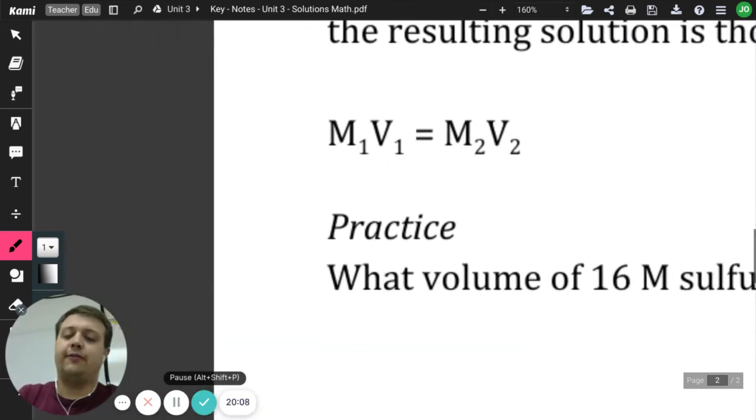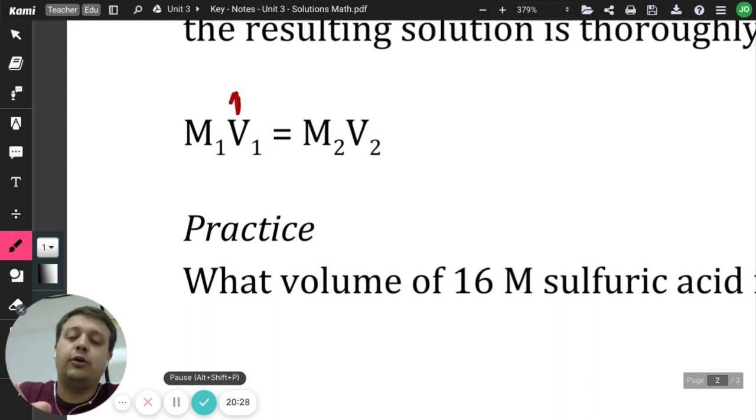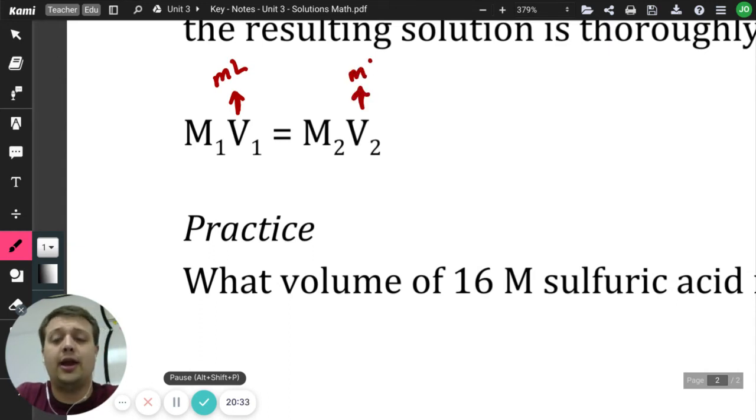Now, here is our formula for dilutions. M1V1 equals M2V2. Now, here's something to note. This is actually something that's different from the molarity equation. The molarity equation, if you remember, you always had to be in liters. That doesn't happen with dilutions. So my volume could technically be in milliliters, and that is okay.